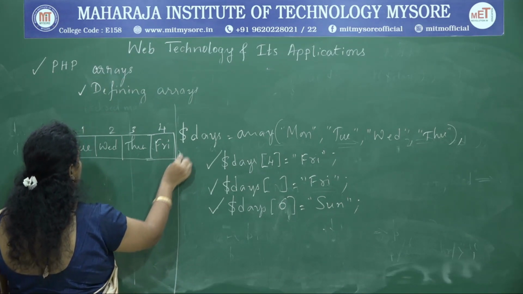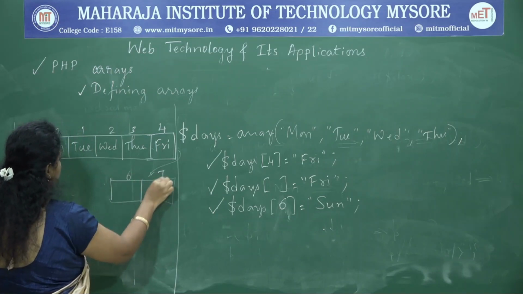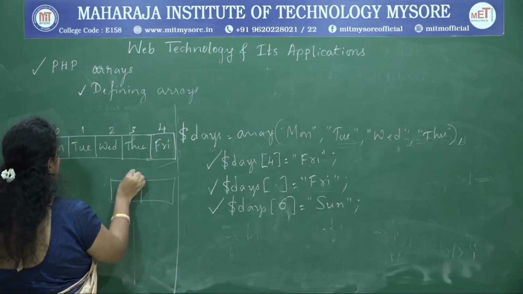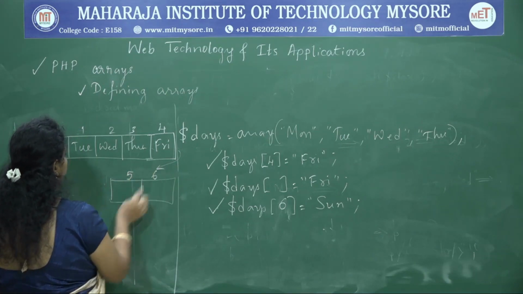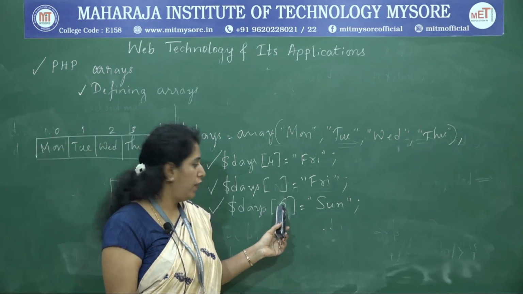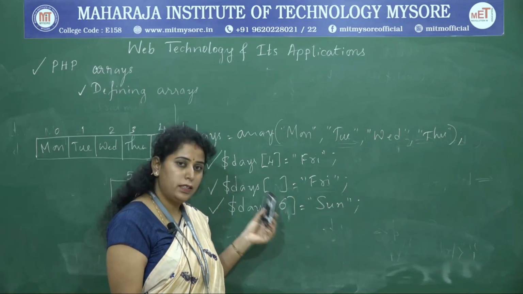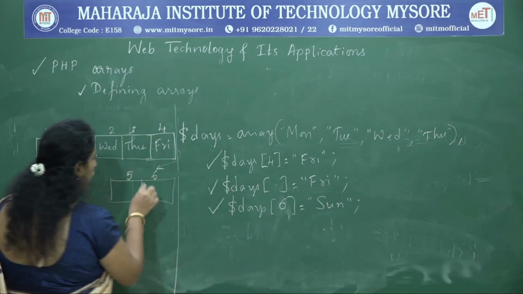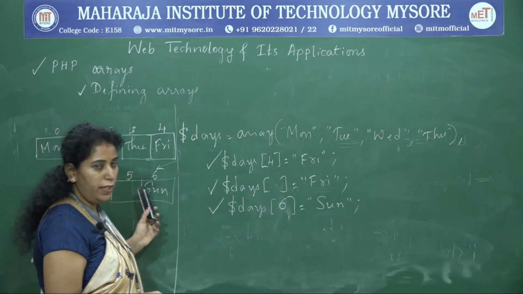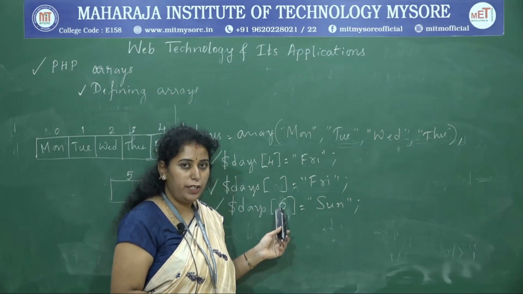Let me continue: 5 and 6. Since you are explicitly specifying that this element has to be stored in this respective index, finally Sunday is stored in the 6th index, not the 5th index, because you have specified the index explicitly.